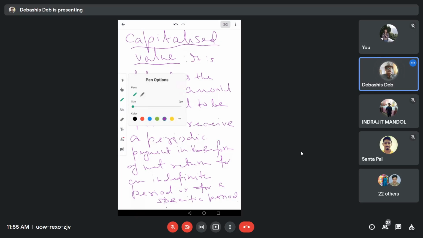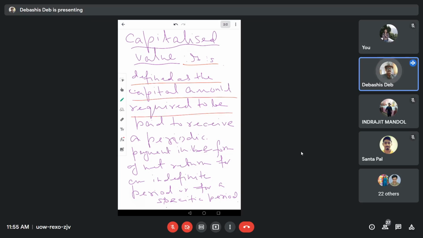Again, I am explaining. Capital value is defined as the capital amount required to be paid to receive a periodic payment in the form of net return for an indefinite period or for a specific period.